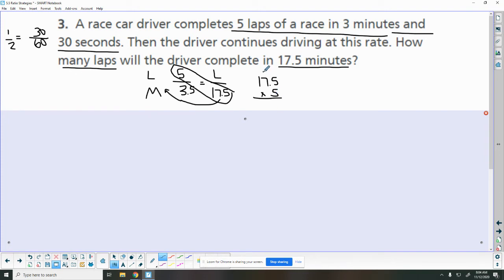So 5 times 5 is 25. 5 times 7 is 35, 36, 37. 5, 6, 7, 8, and 1 decimal place. So I know I need to divide by 35, so I need to move this over 1 as well. So we have 875, and we're dividing by 35.